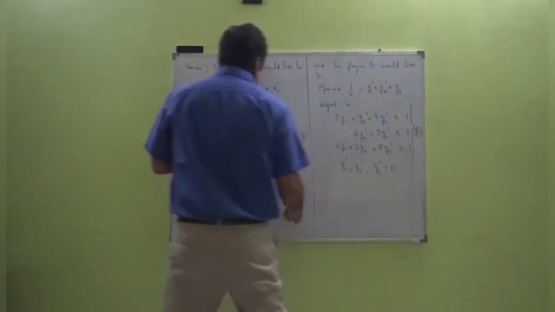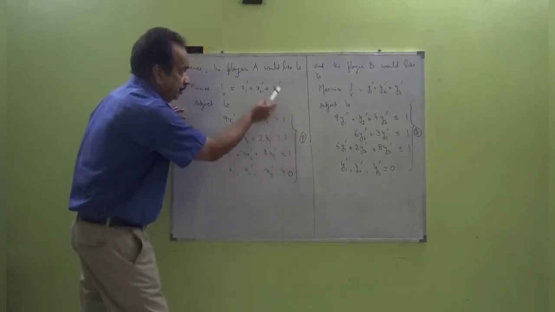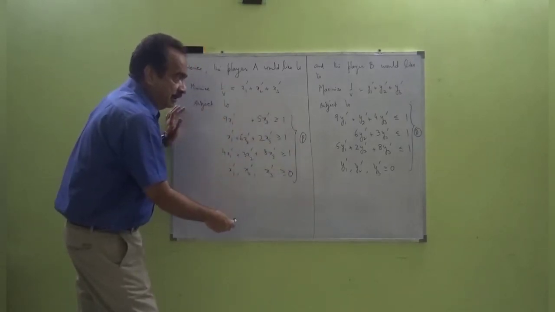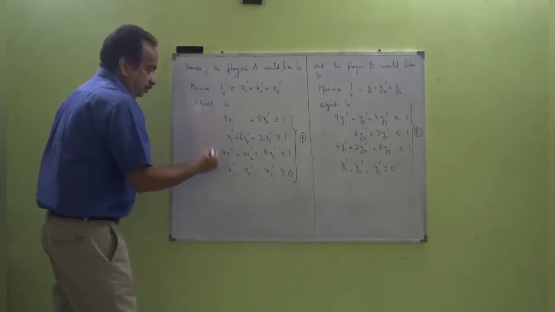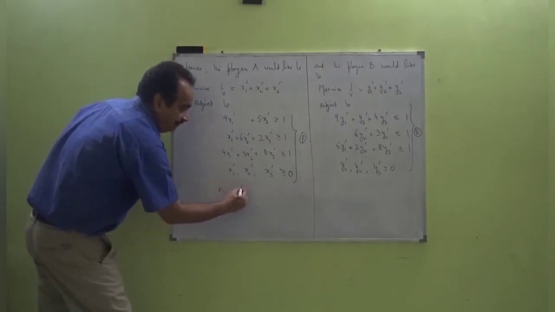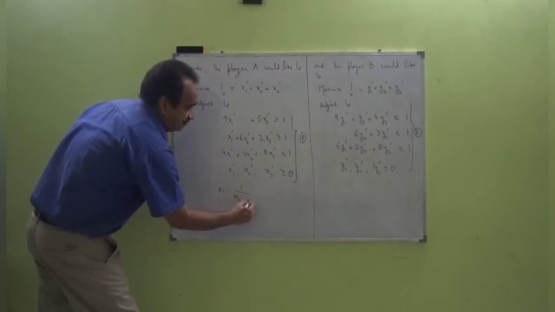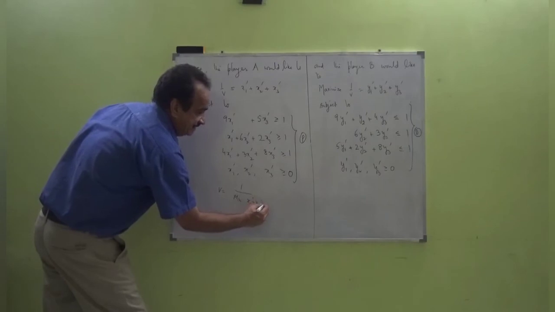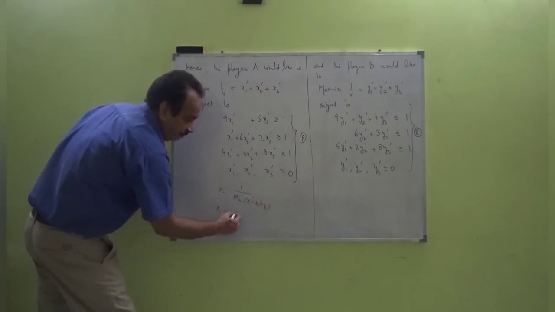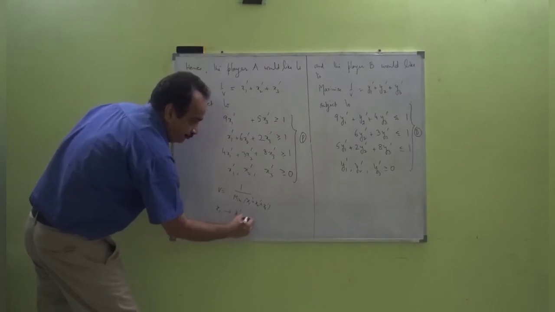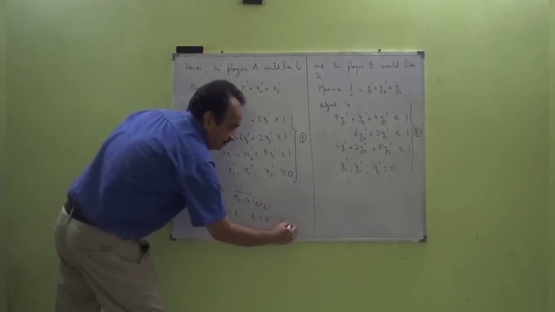So what we do over here, for player A, you solve the problem P using the simplex method, and thereafter we can manipulate the things here to get the value of V. V will be equal to 1 upon the minimum of x1 dash plus x2 dash plus x3 dash, and thereafter we can get the values of x1 from x1 dash, of x2 from x2 dash, and x3 from x3 dash.